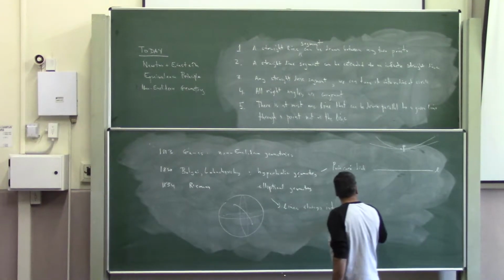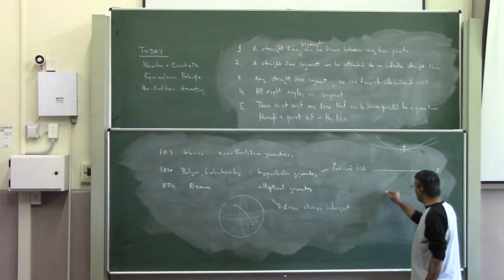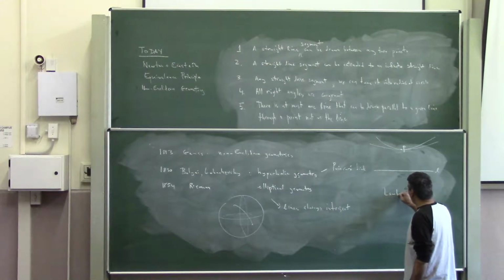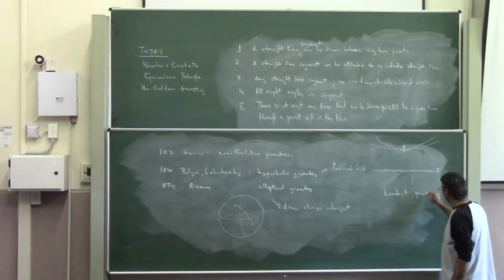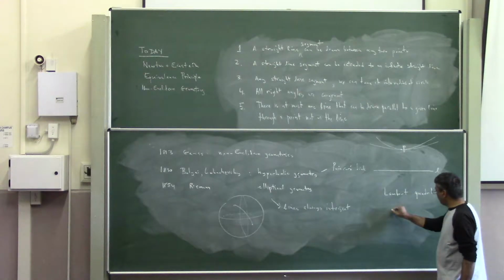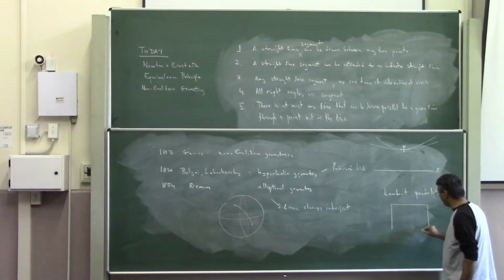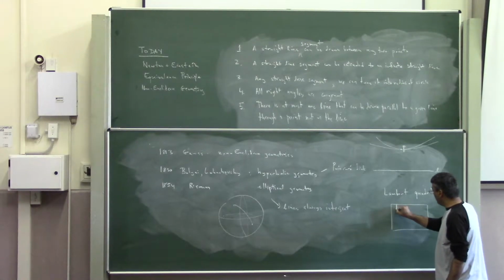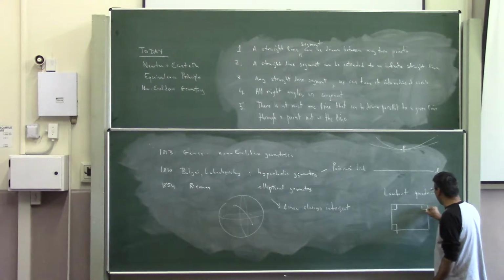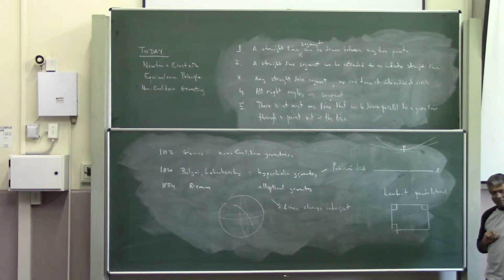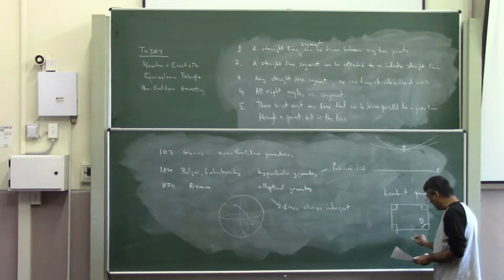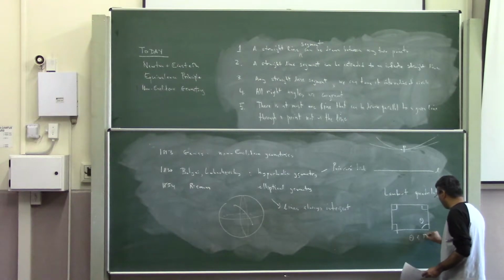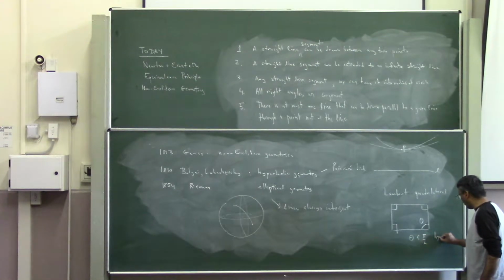And a way to characterize what kind of geometry you're looking at is using what's called a Lambert quadrilateral. Suppose you've got a quadrilateral, so a 4-sided figure with 3 right angles. Okay? So if this fourth angle, theta, is less than pi over 2, you're hyperbolic.